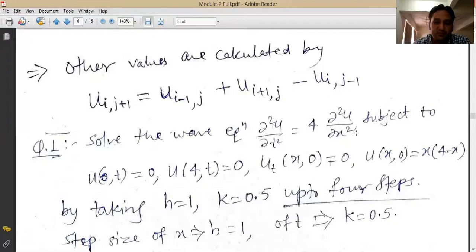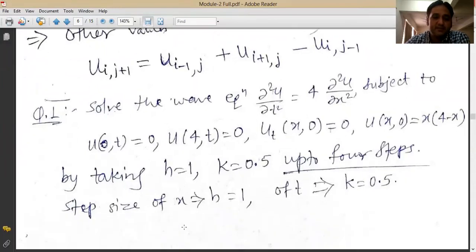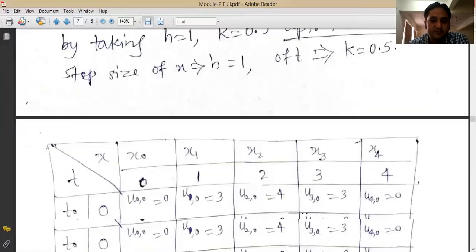Here we take h equal to 1 and k equal to 0.5, according to the question, and we have to solve the problem up to 4 steps.